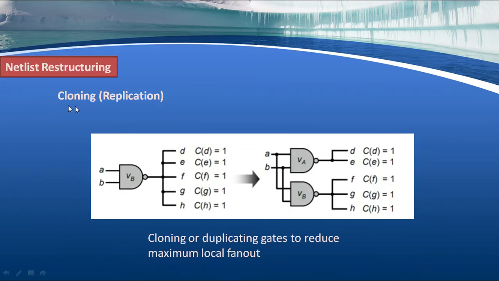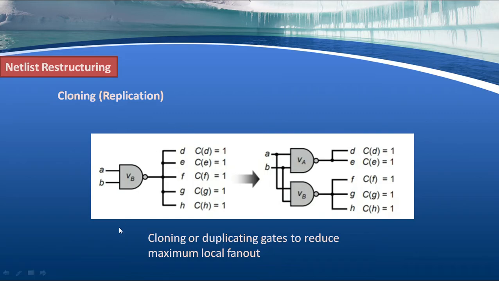Then netlist restructuring. What is that? We do cloning, replication of the gate. This is VB. We will put VA, VB over here, and we will manage them this way. Cloning or duplicating gates to reduce maximum local fanouts.